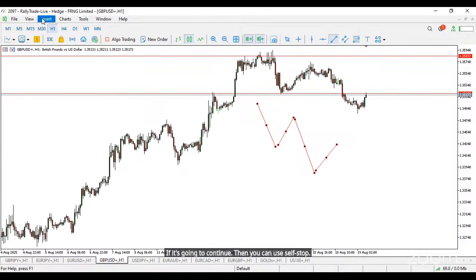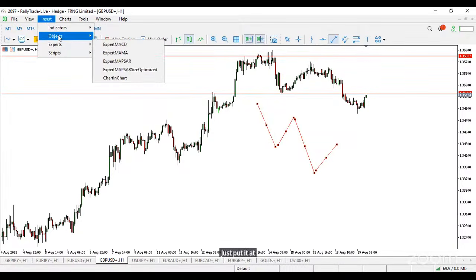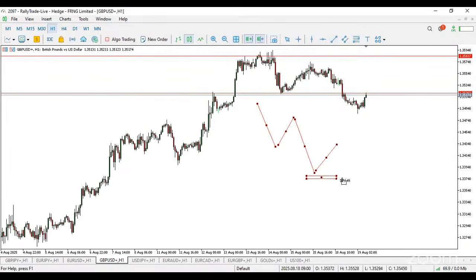Just put it below the lower low. So the sell stop will be here in this area, so that only if it continues down, it will pick you for a sell along the way and give you some profit, right?